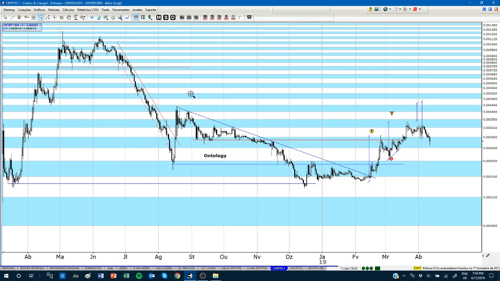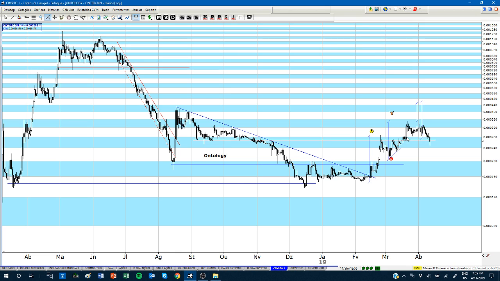And what happened to Ontology here? Last time I saw it, it was accumulating in a continuation pattern, which I think would be a rectangle, but it just broke the support level now.